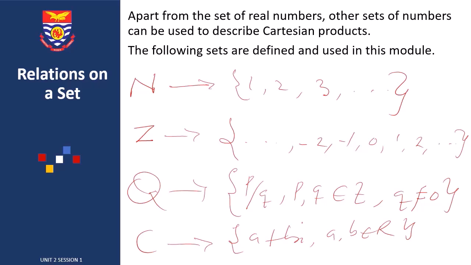Note that i is equal to the square root of -1. So the square root of -1 gives i in the complex number sense. Okay. So apart from the set of real numbers, these are what we can use to describe Cartesian products in this course.